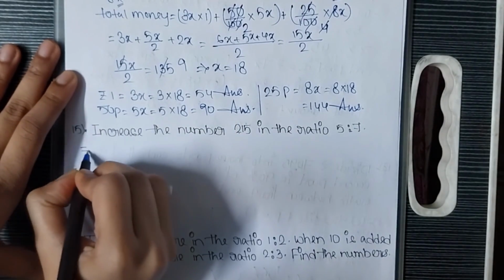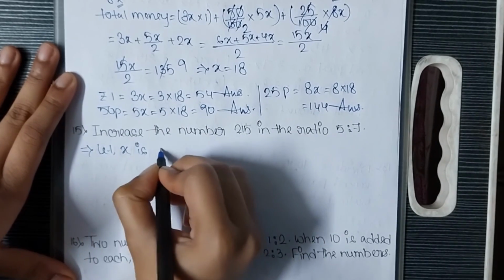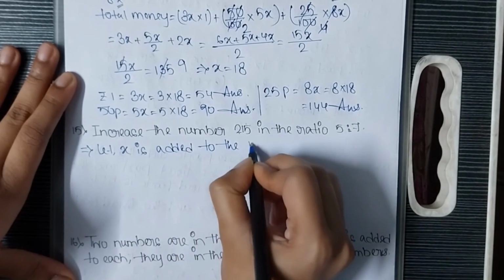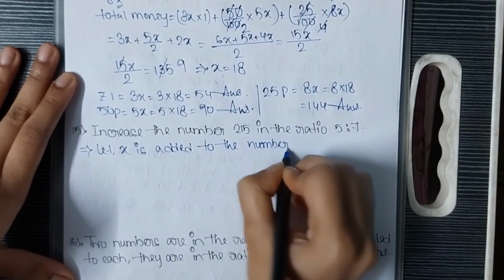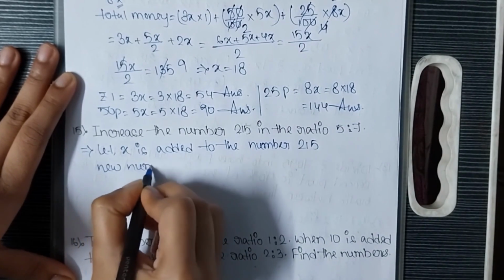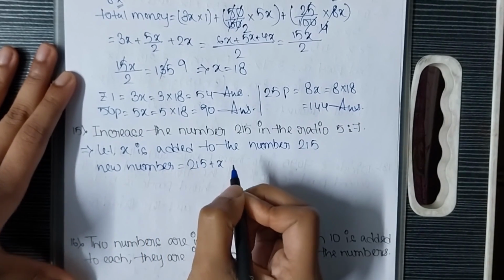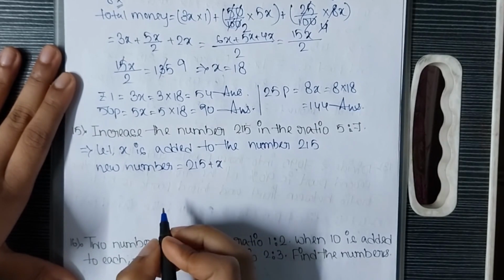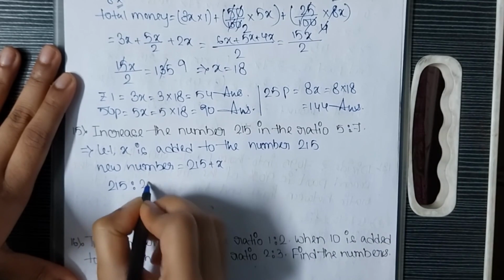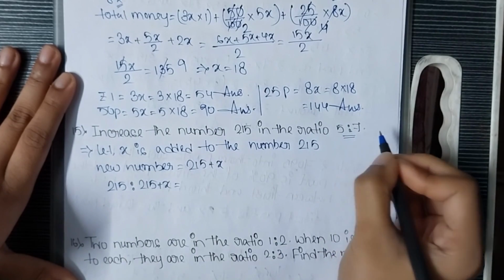So first we will write, let x be added to the number 215. Now the new number will be 215 plus x, and the ratio of the old and new number will be 215 is to 215 plus x, which is already given in the problem, that is 5:7.